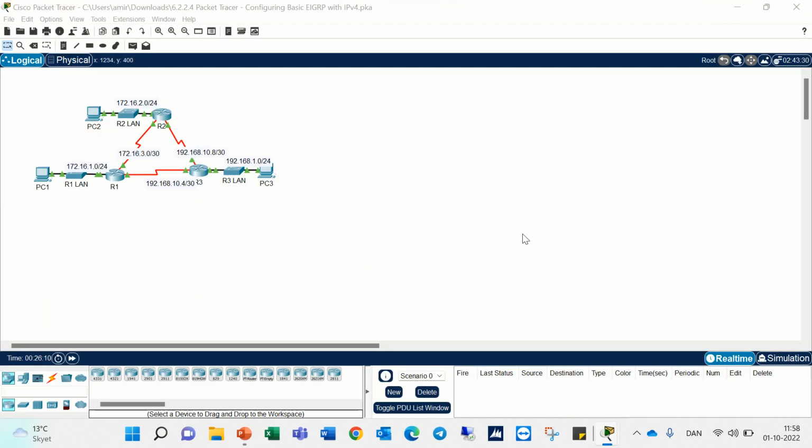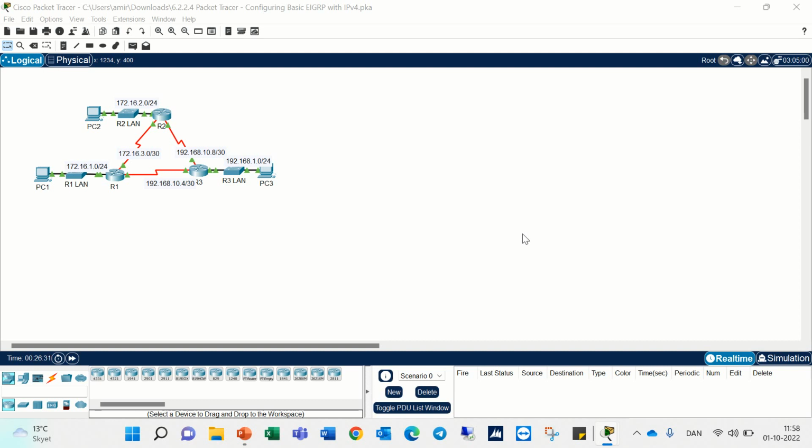We should go to the Packet Tracer activity. In this activity, we want to implement basic EIGRP configuration, including network commands, passive interface, and disabling automatic summarization. You will also verify the EIGRP configuration.